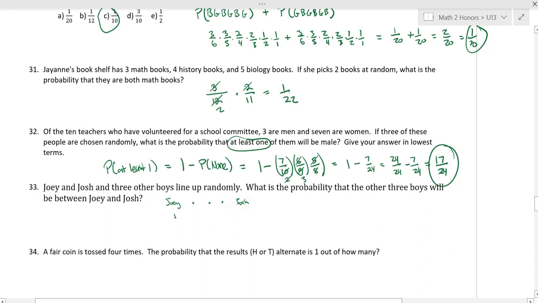There's only one way to pick Joey, and there's only one way to pick Josh, and you got 3 options for the pick here and 2 options and 1 here, right? So we end up with 6 different ways to start with Joey and end with Josh. And there are also 6 ways to start with Josh and end with Joey. Same reasons.